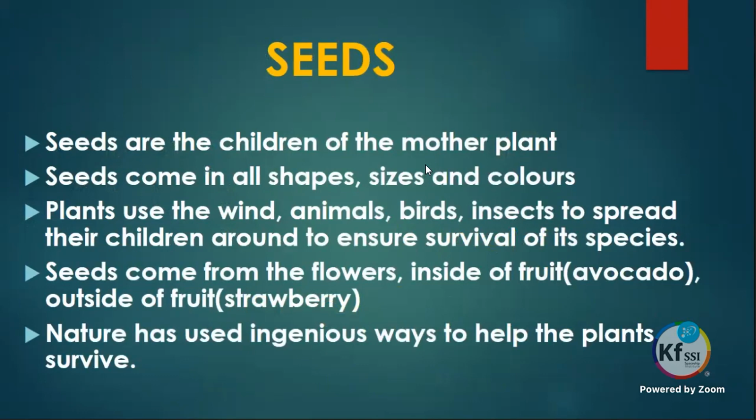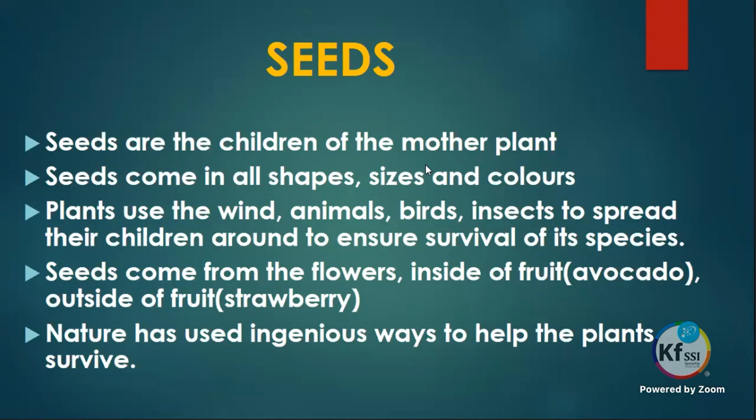The plants are quite clever creatures in that they use the wind, and they use animals and the birds and the insects and even us as human beings to spread their children around to ensure the survival of their species. The seeds come from the flowers, the inside of fruits like avocado or apricot, or even outside of the fruit like the strawberry.